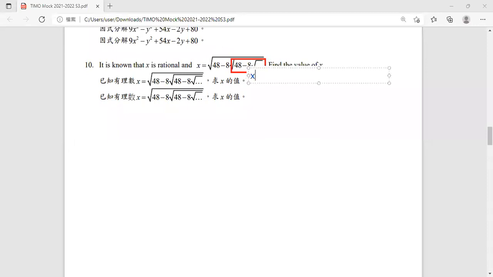So x equals the square root of 48 minus x. Then what can I do here? I just square both sides: x squared equals 48 minus x.